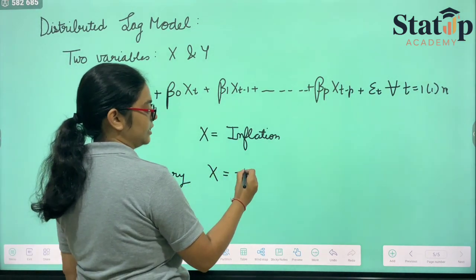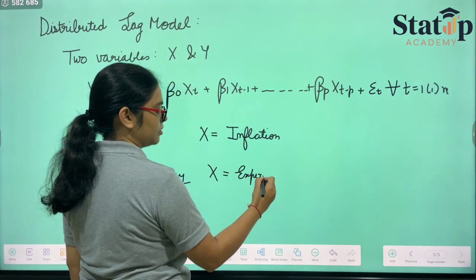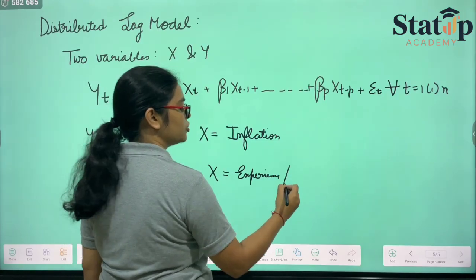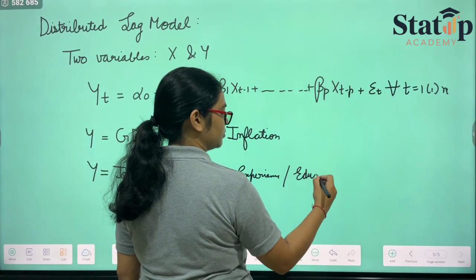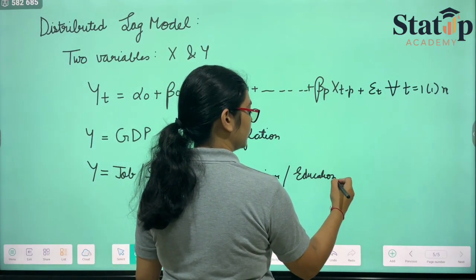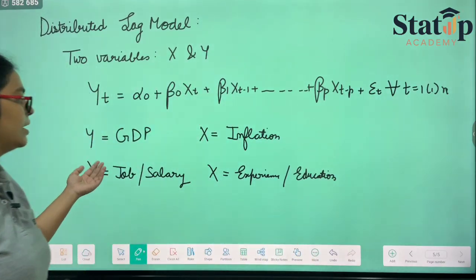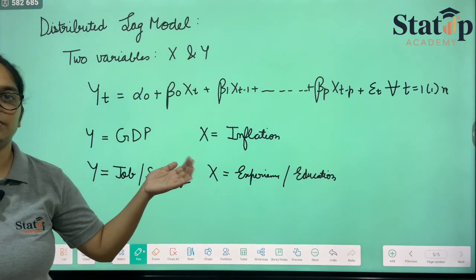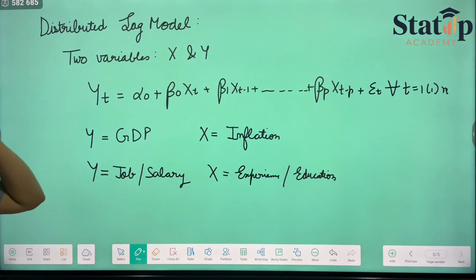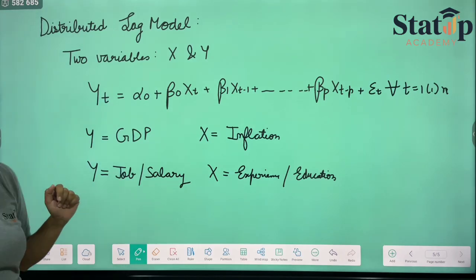It depends on the experience or education of a person. So y is the dependent variable and x is the independent variable, as we already know. So this will be our distributed lag model.